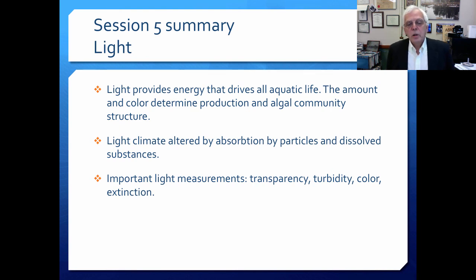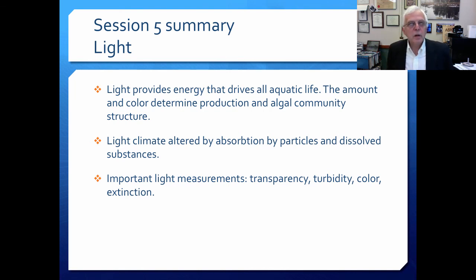The light climate is altered by all kinds of things, and don't forget how many factors there are that alter the net amount of radiation absorbable by a phytoplankton. The light climate is altered by absorption by particles and by dissolved substances, and also by backscattering, reflection, and re-radiation of energy.